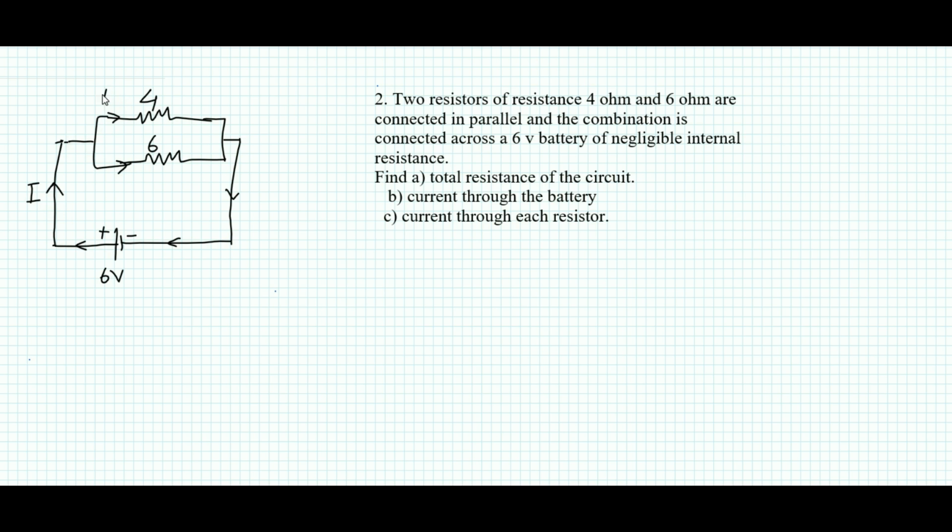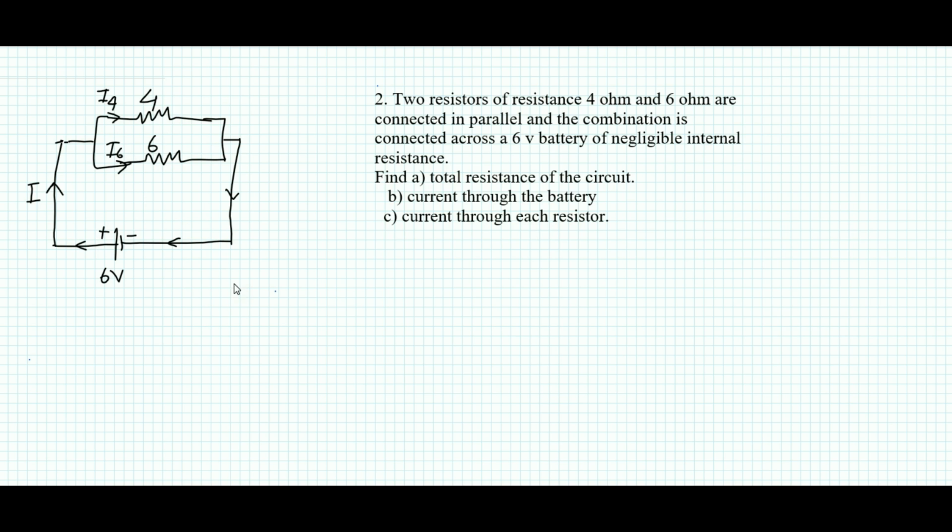I can call them I4 and I6, right? These are the branch currents through the 4 ohm resistor and through the 6 ohm resistor.